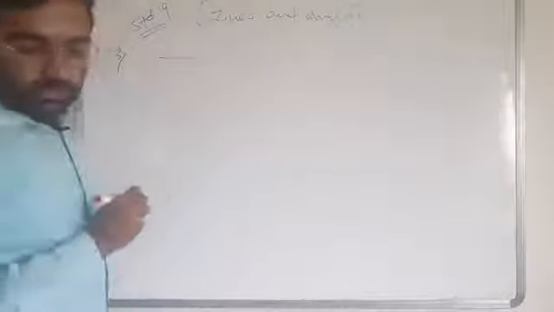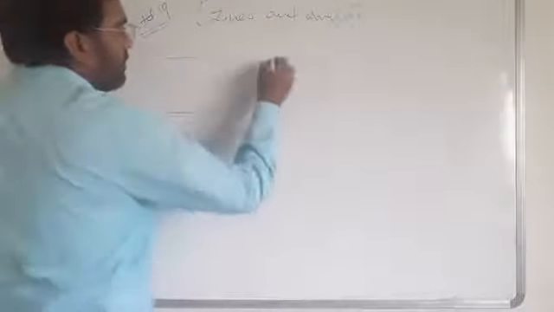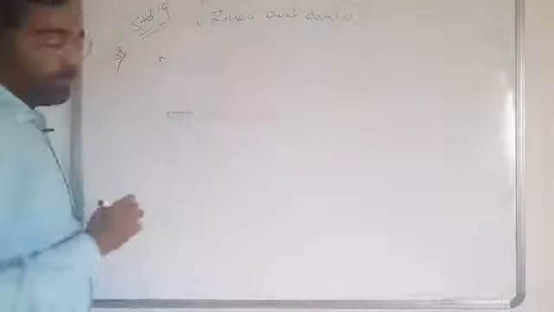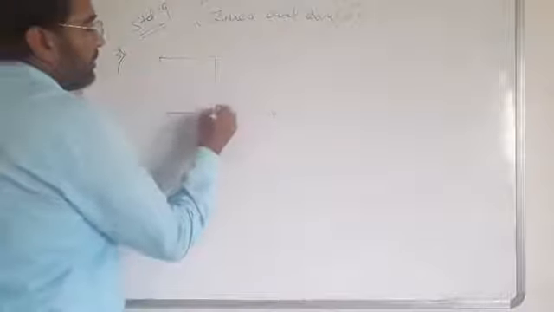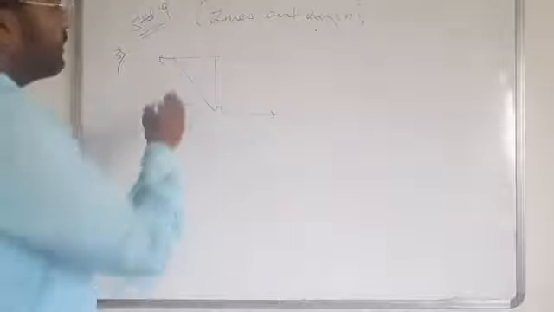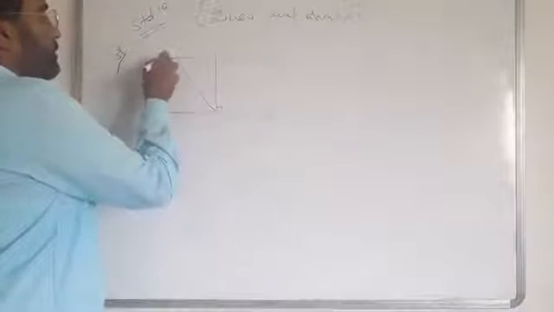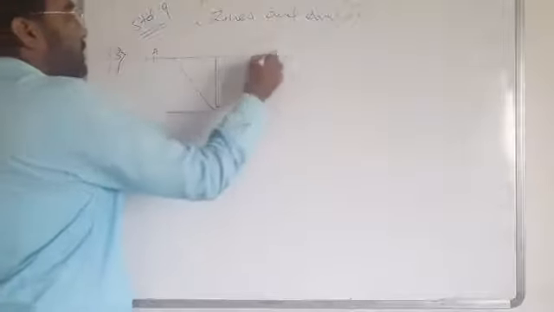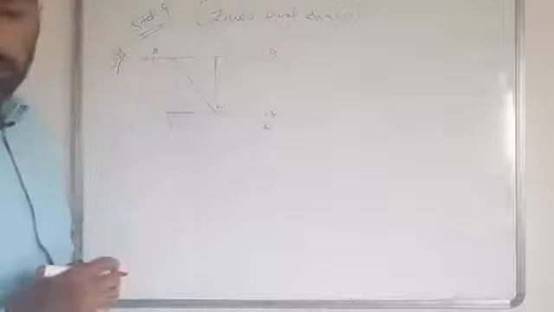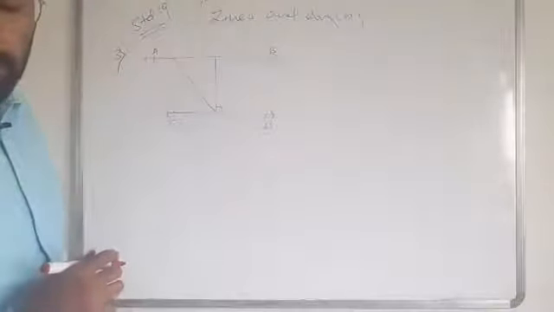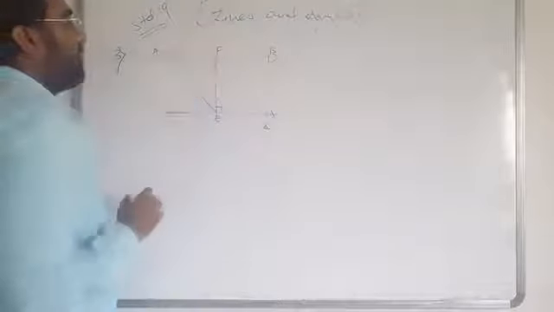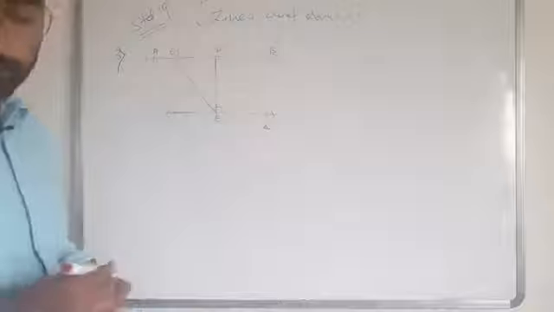The figure is given like this. Here is A, here is B, C and D. AB is parallel to CD, and FEG is a triangle.